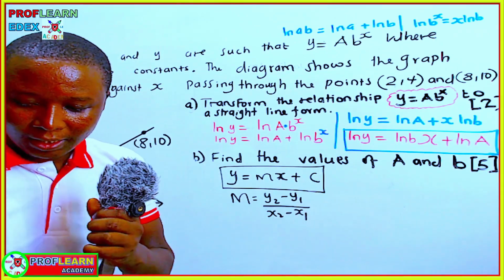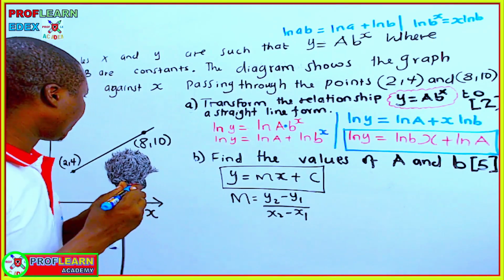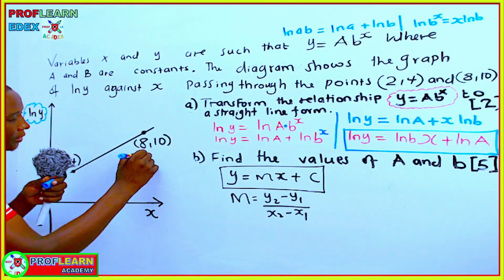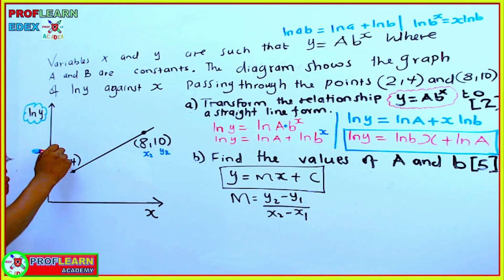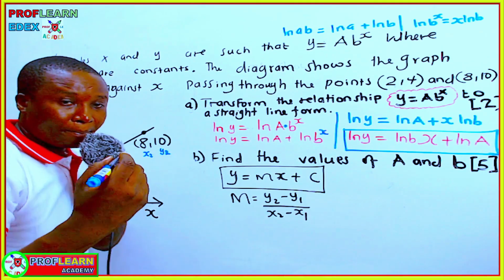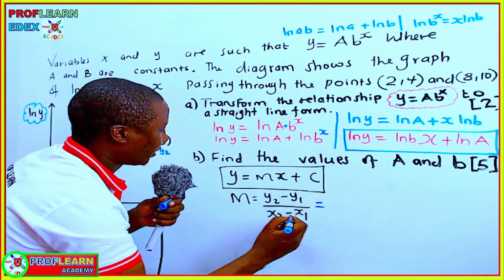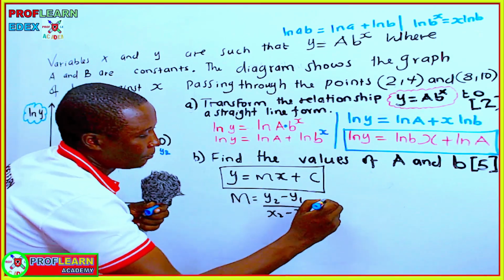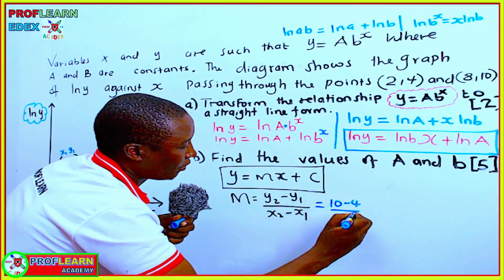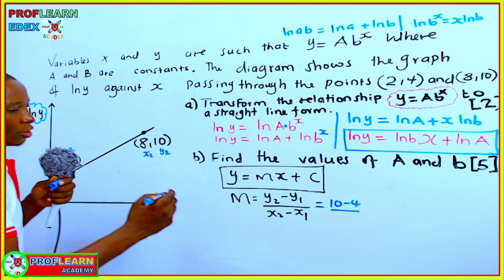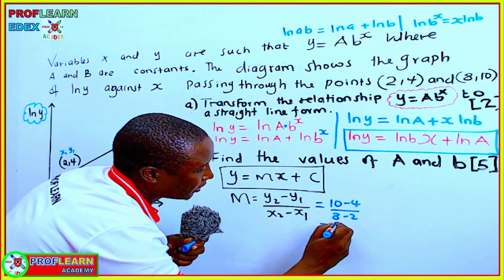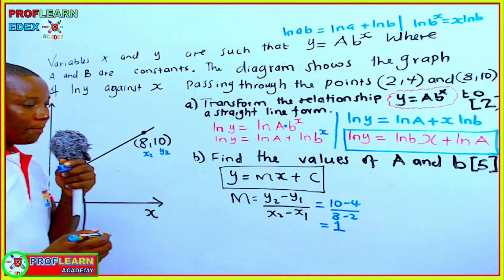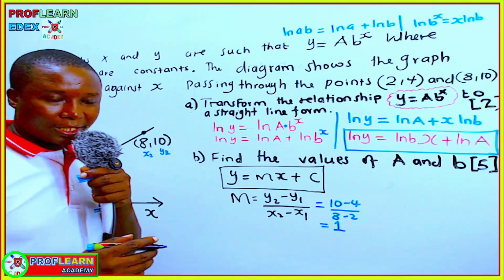So if you look at this equation, we can call this our x2, this our y2, and this our x1 and this our y1, so that we can work out the gradient, and that will be 10 minus 4 over 8 minus 2. So you can see we end up having 6 over 6, which is 1. And our gradient in this case is 1.